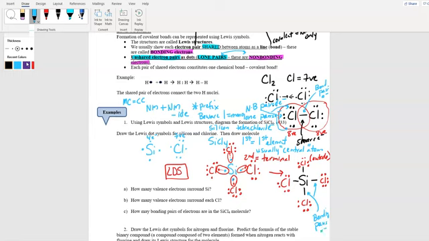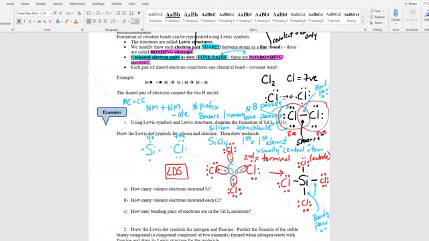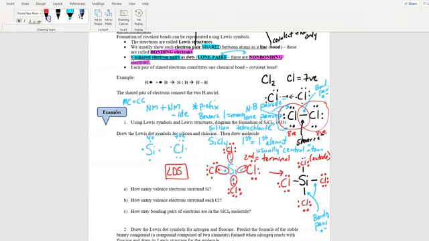Just like we said up there. And these guys in red, these are non-bonding, aka lone pairs of electrons.